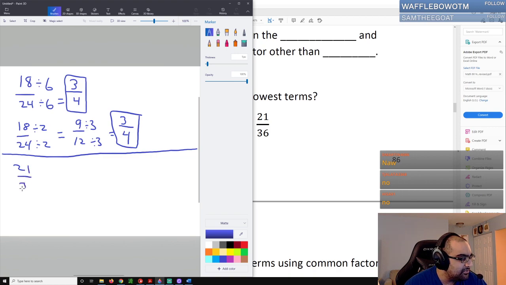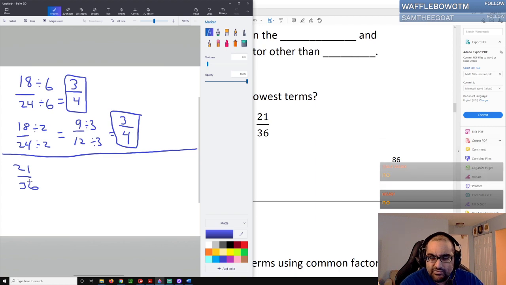We'll do 21 over 36. Can anybody tell me, does 21 over 36 reduce? And if it does, what number can we divide on the numerator and denominator?